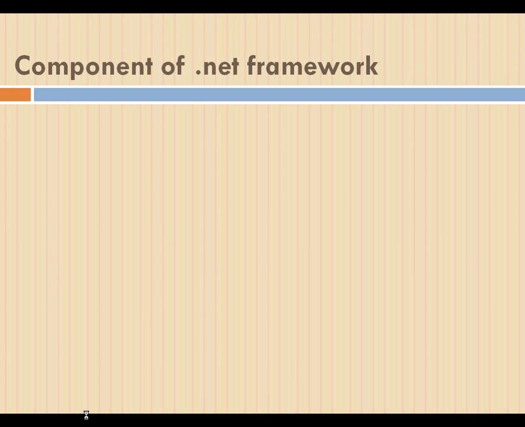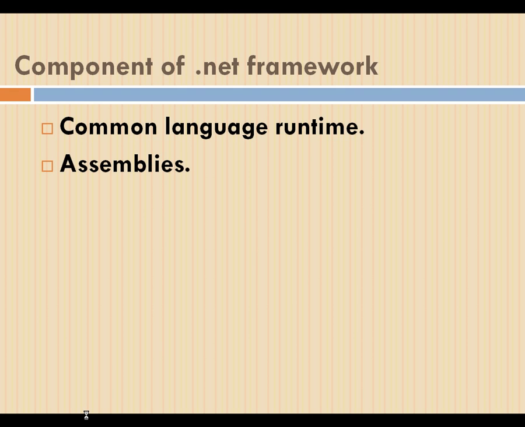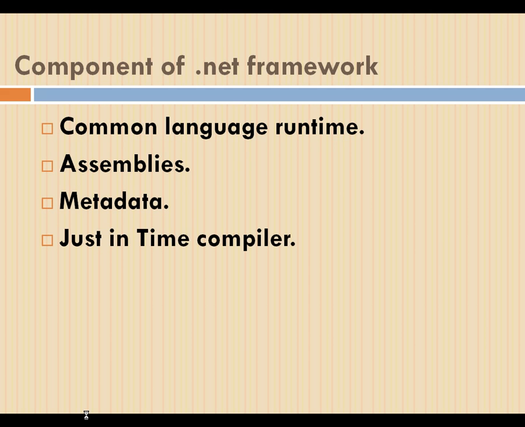Now we discuss the components of the .NET framework. Common language runtime, assemblies, metadata, just-in-time compiler, sometimes called JIT, base class library. But two are more important, that is common language runtime, that is CLR, and base class library, BCL.